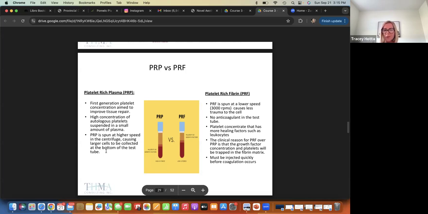The clinical reason for PRF over PRP is that the growth factors and platelets will be trapped in the fibrin matrix. Like I said, it must be injected quickly before coagulation occurs. Whichever company you have, they will discuss with you how quickly the injections have to be done.